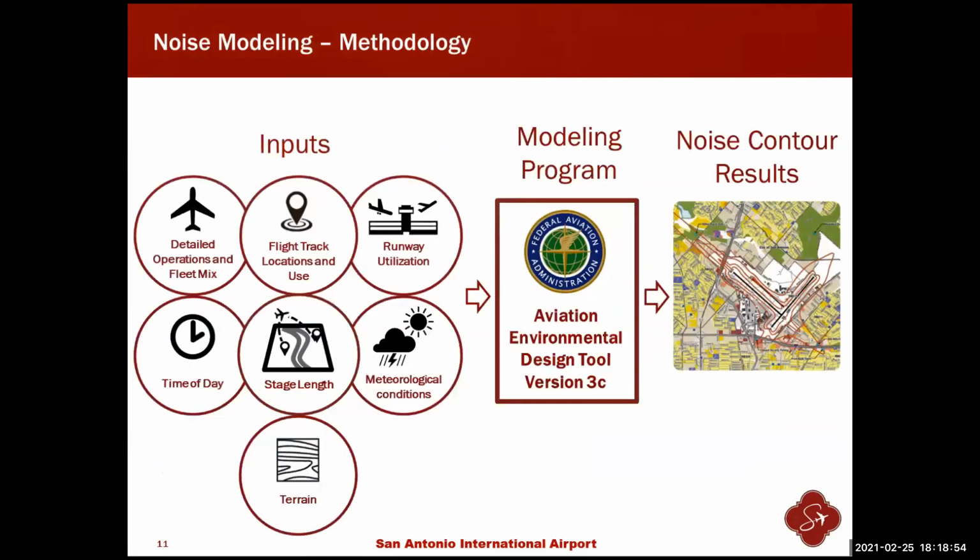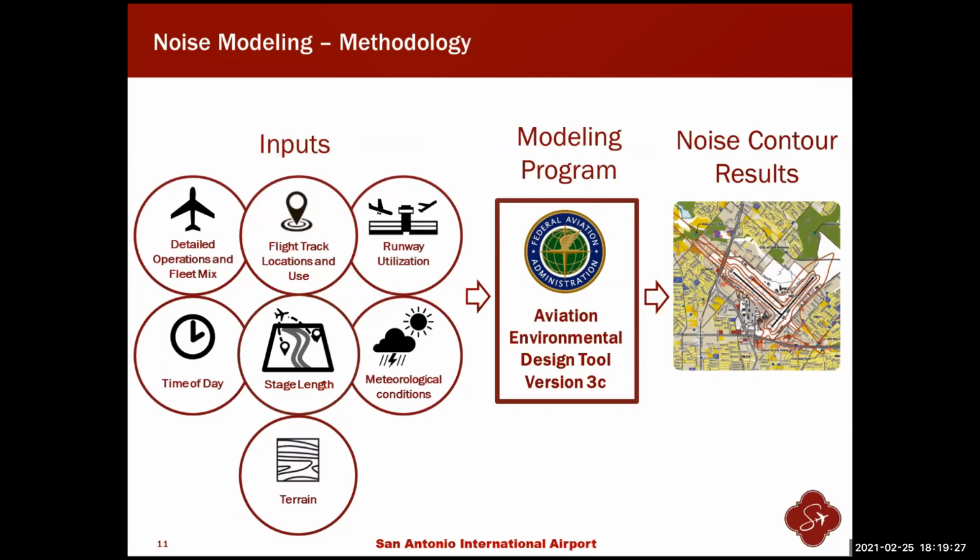This study is required to use the FAA-approved Aviation Environmental Design Tool, or AEDT, version 3C. AEDT uses detailed aircraft operational information to generate noise contours. Data inputs used in the modeling process include aircraft fleet mix information, such as aircraft type, arrival and departure times, trip distance, runway use, flight track location and usage, and weather conditions such as average temperature and humidity.